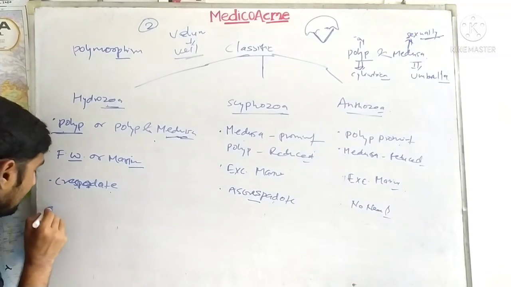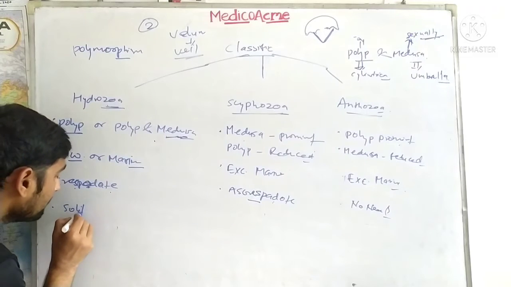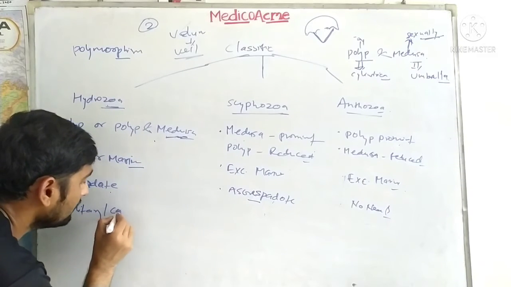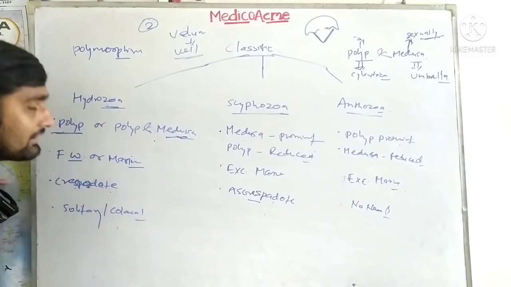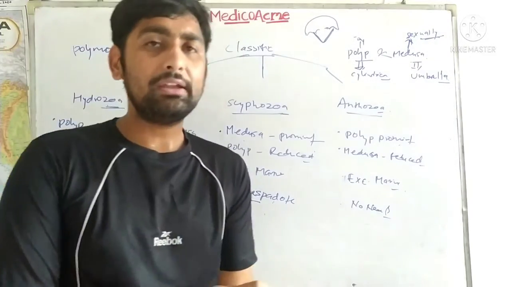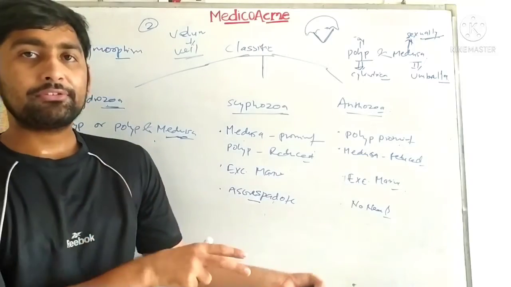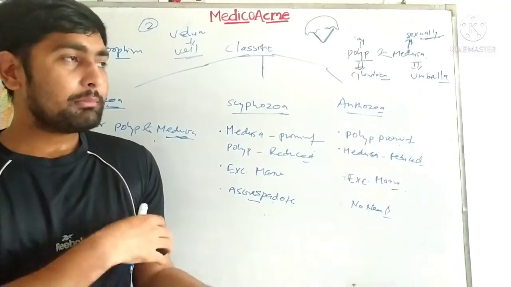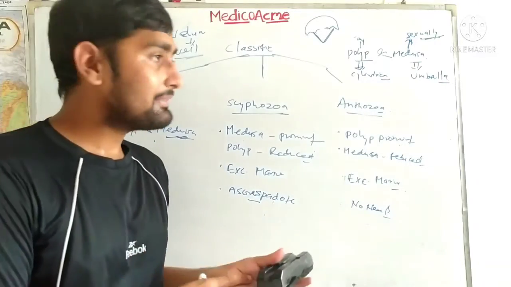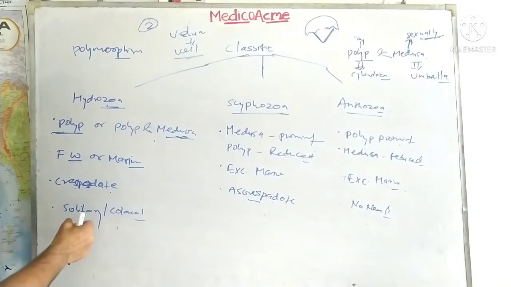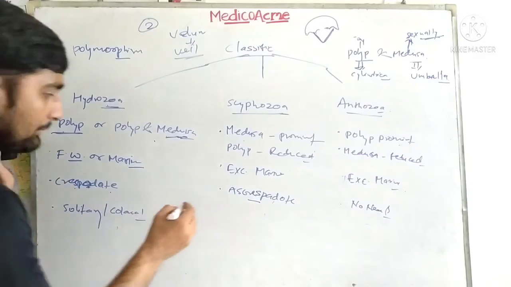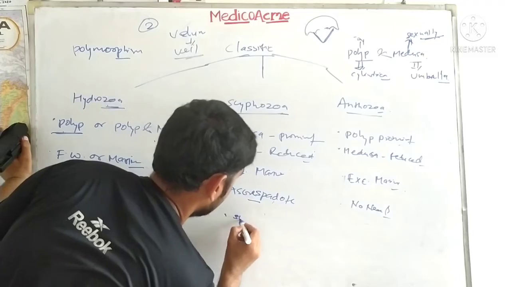The important thing here becomes that it is solitary or colonial. So what happens? Cnidarians are actually what? Sessile or free living. They can be both. Sessile, they are going to use any substrate, and they are going to float. Free living, they are having their own independent existence. So they can be solitary or colonial, but this can be solitary.